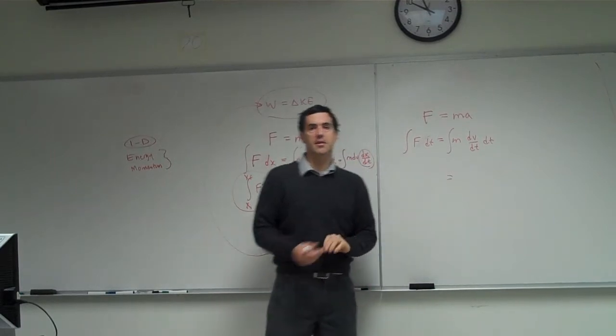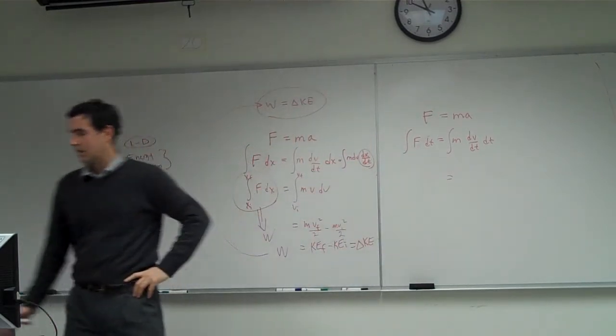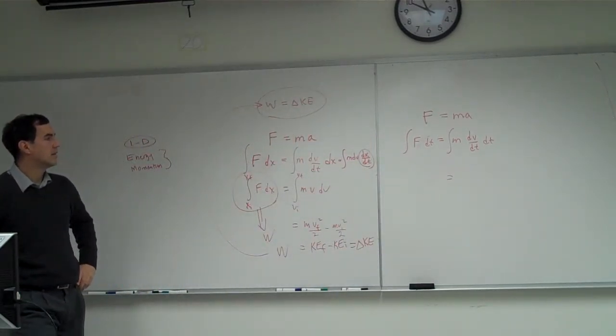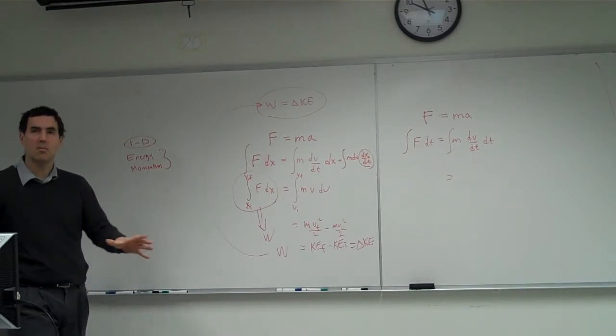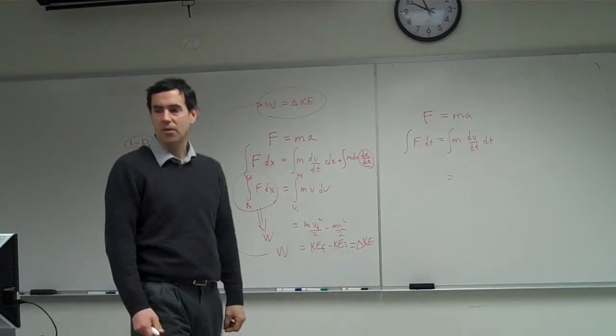On the right-hand side, see if you can simplify it and integrate it on your own. Just take a moment, see if you can simplify and integrate that right-hand side.